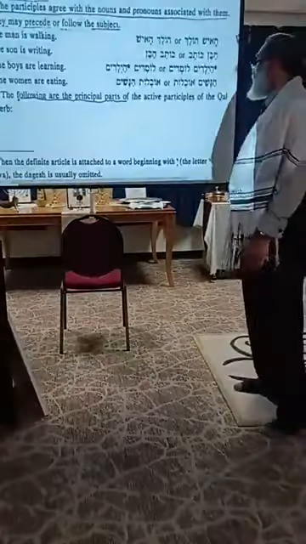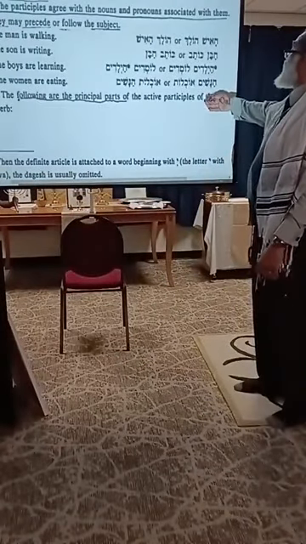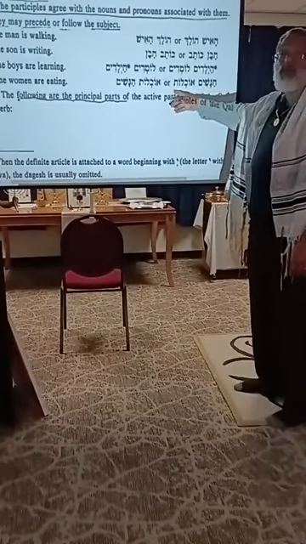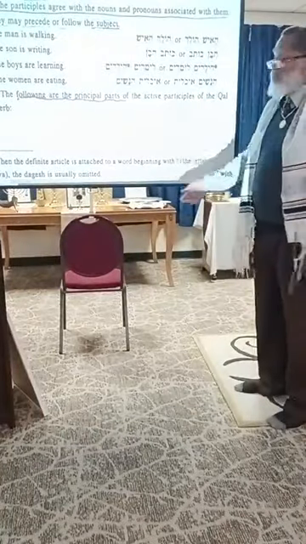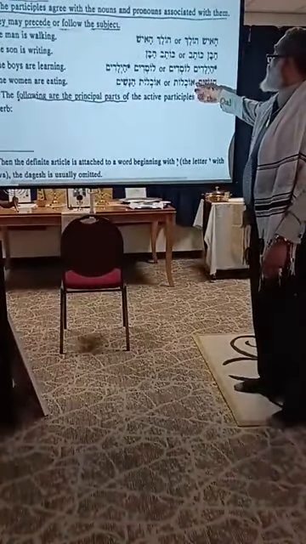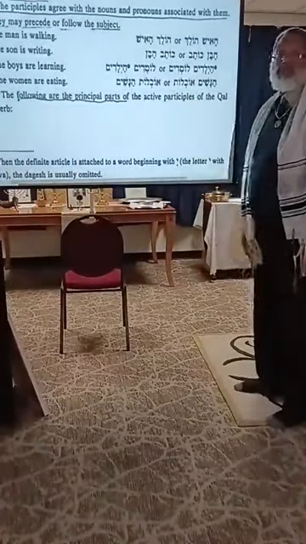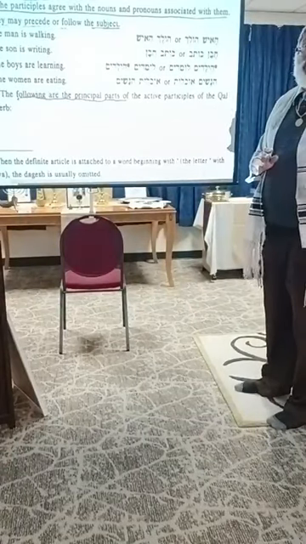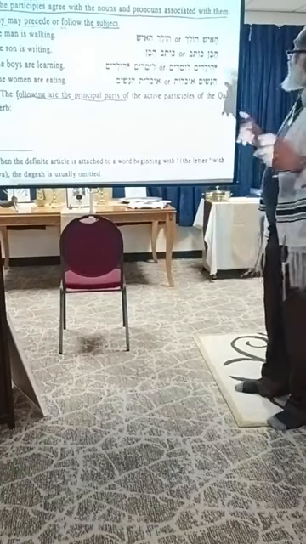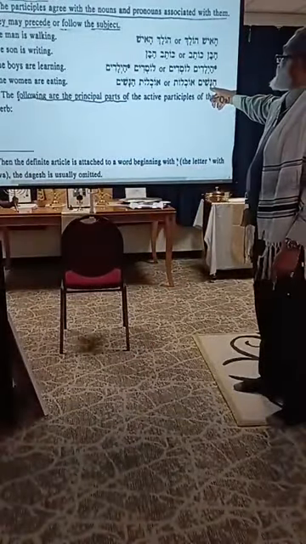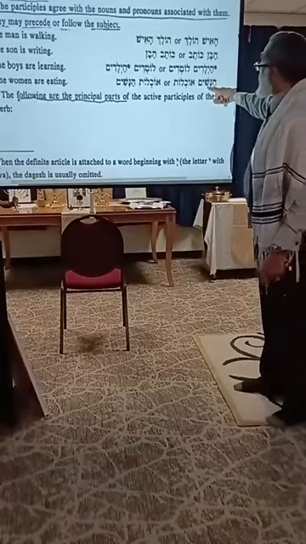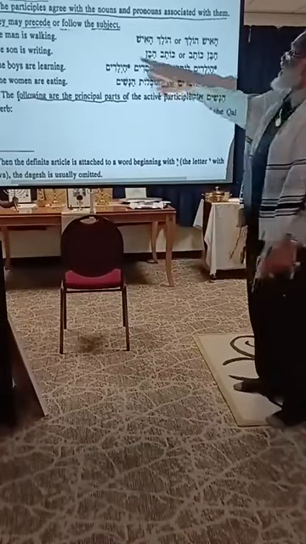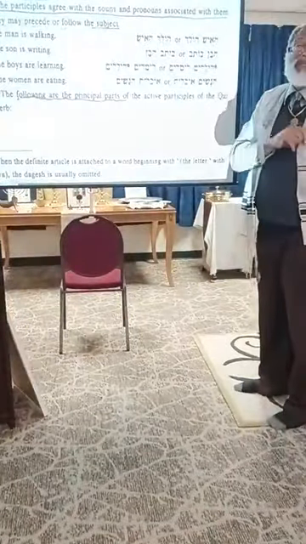They have to agree. But in this case, it looks strange because you have eem here and ot there. And we're accustomed to, if we have the yod mem here, we have the yod mem there. Does that make sense to everybody? So with the irregular noun, the irregular noun is feminine because women are feminine.